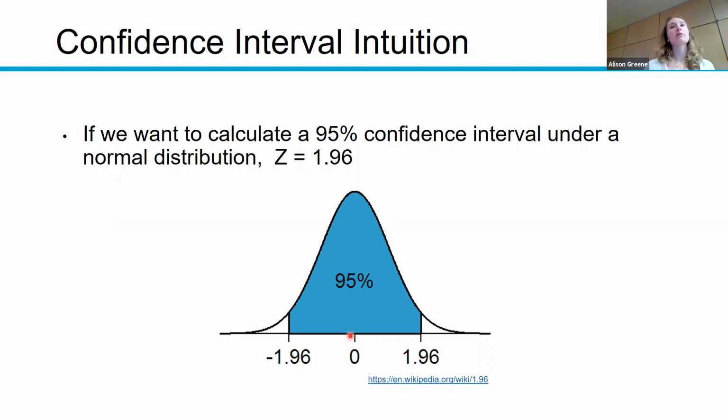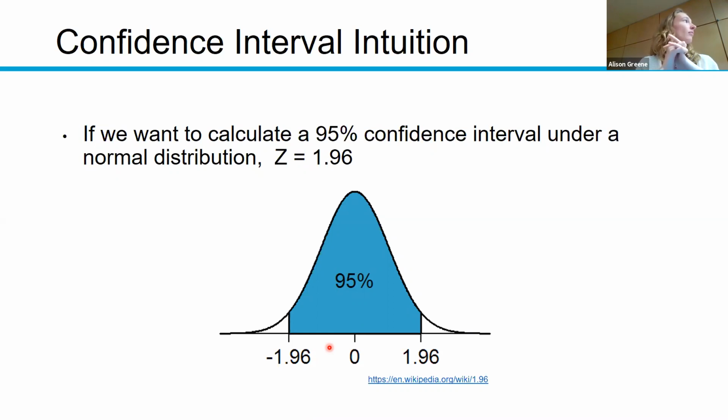Now, in a 95% confidence interval, we want to capture the bounds on either side that capture 95% of our data. So here, for the standard normal, it happens to be plus and minus 1.96. So what this means is in between these two bounds lies 95% of our data or observations.